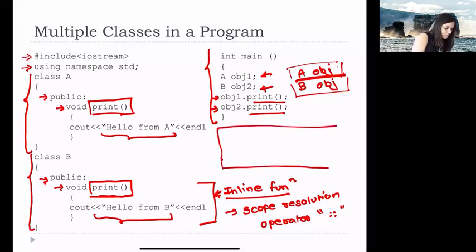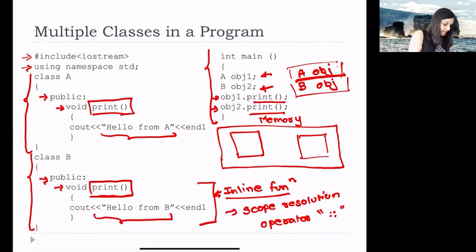So let's visualize that this is your system's memory, the computer's memory. In this memory, we have two classes for this program, class A and class B. Both these classes have a function called print within them.